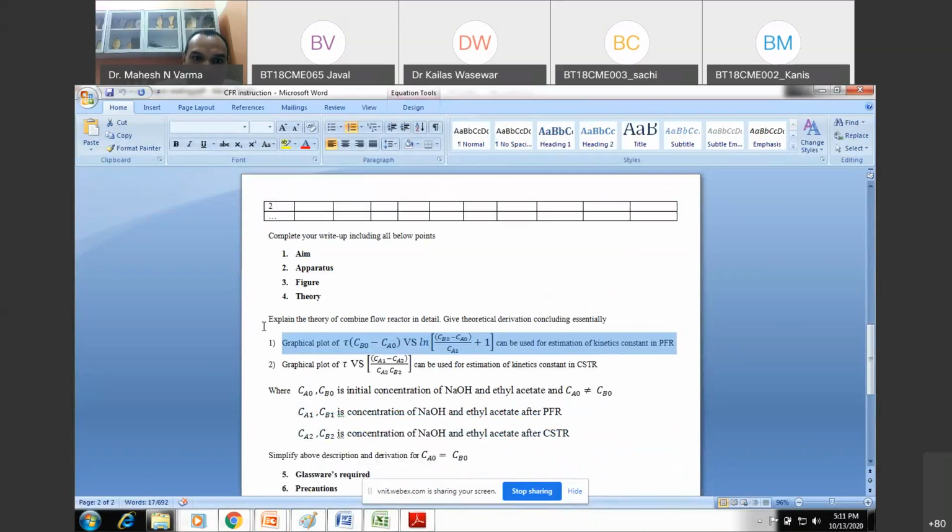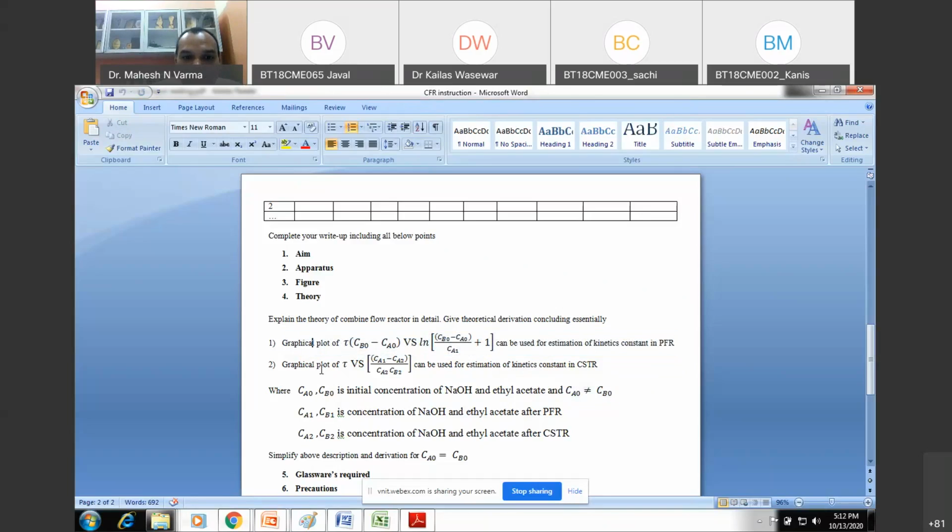So what I am expecting in this experiment is that you derive the equation which will give a relation between rate constant and concentration, such that you prove that a graphical plot of tau (CA0 minus CB0) versus ln (CB0 CA0 divided by CA1 plus 1) can be used to estimate the kinetic constant in PFR.